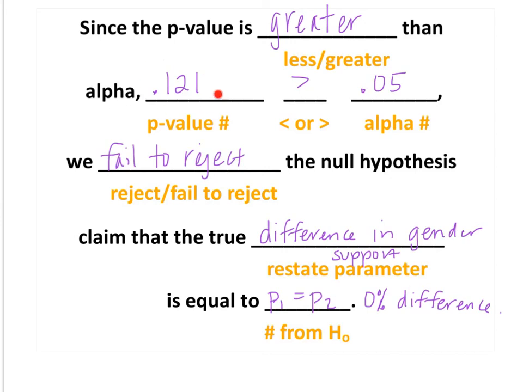I could get that sample difference 12% of the time, which is greater than my 5% limit. So since P is greater than alpha, I fail to reject the null hypothesis that the true difference in gender support is equal to 0%, or that P1 equals P2. I cannot reject this claim. So essentially I'm saying we don't have evidence that there's a difference.